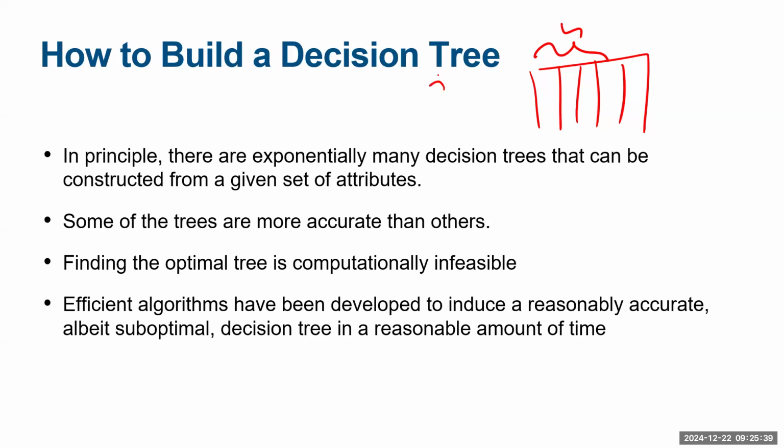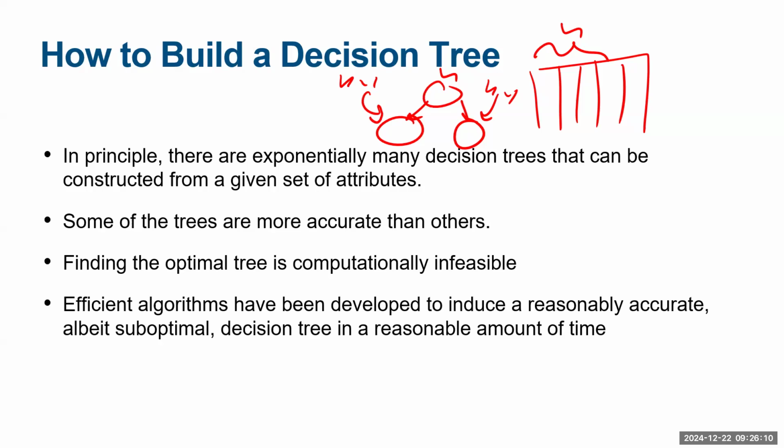There are n ways, because each attribute can be the root node. After you pick the root node, how many can you pick for the next one? It's n minus 1, because you have n minus 1 attributes left. So as you go down, the numbers keep multiplying. The number of possible trees is n times n minus 1 and so on, so it's at least n factorial.